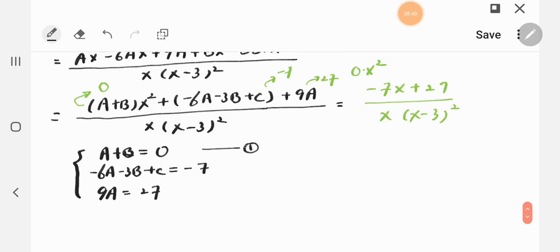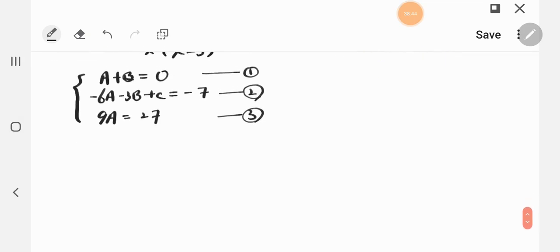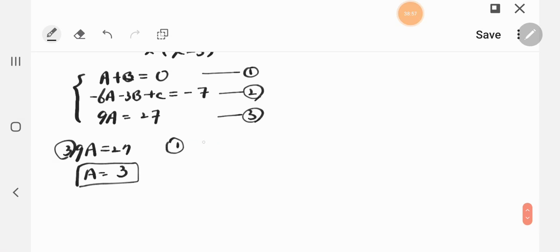So we have equation 1, equation 2, equation 3. From equation 3, 9a is equal to 27, so a is equal to 3. We found a. Then from equation 1, a plus b equals 0. a is 3, so b is equal to negative 3.